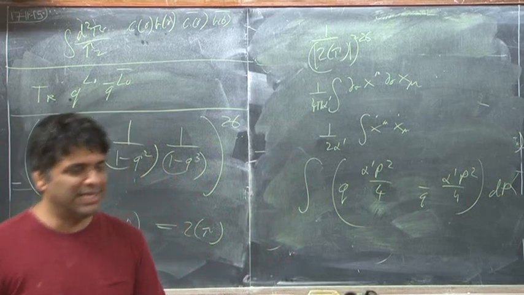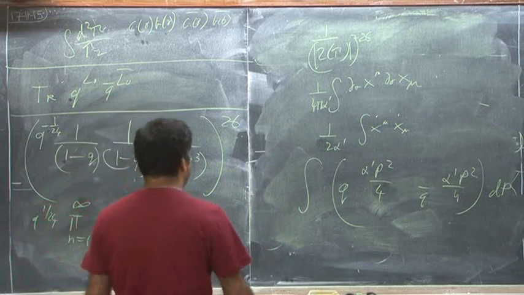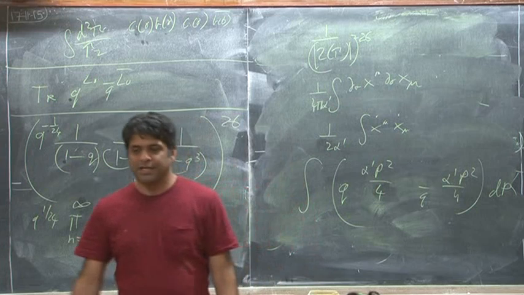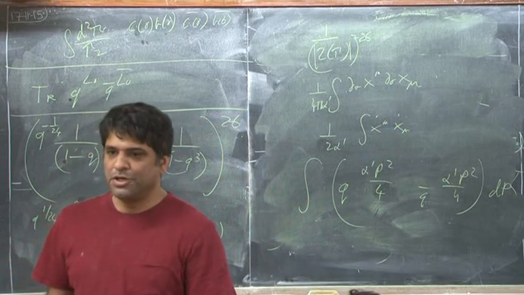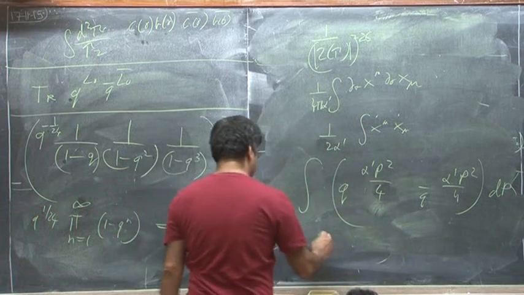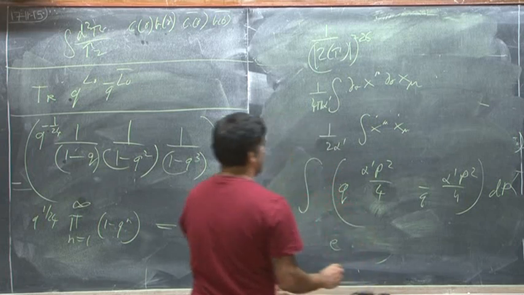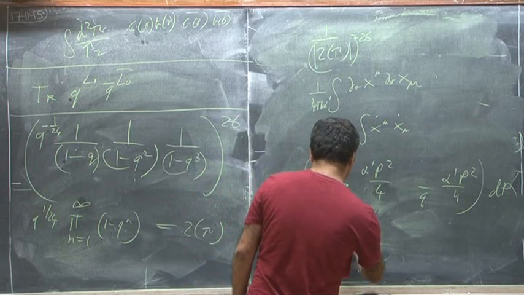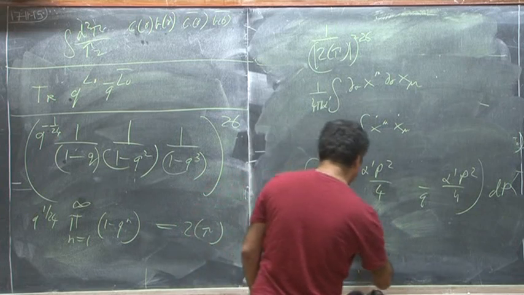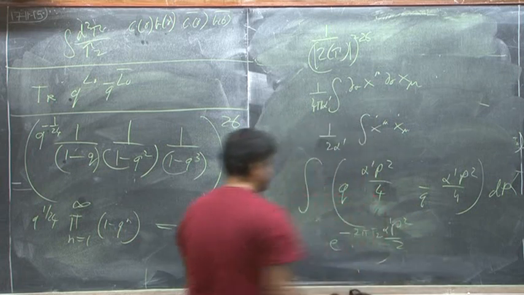Now, for this purpose, it's nice to move away from this fancy q notation. So remember that q was e to the power 2 pi i tau, and q bar was e to the power minus 2 pi i tau bar. These are both the same, and so we get e to the power minus 2 pi tau 2 alpha prime p squared by 2.